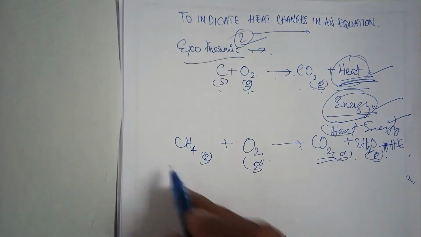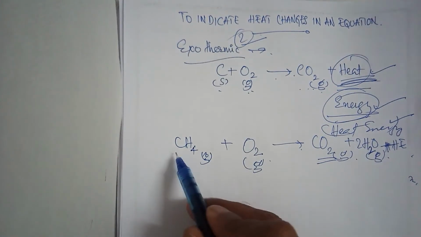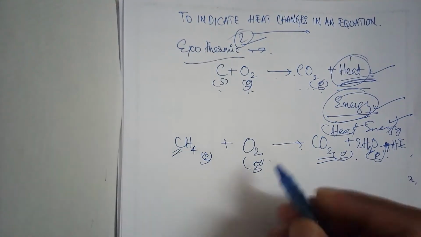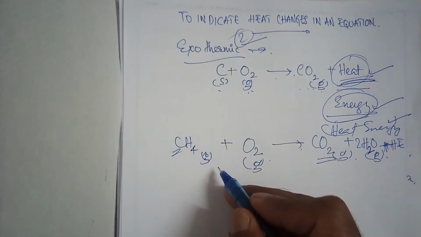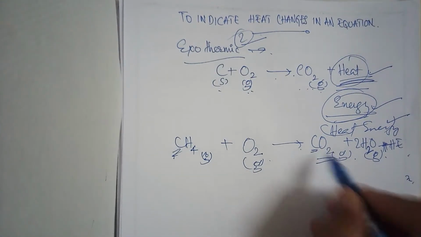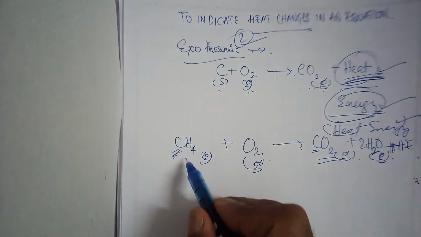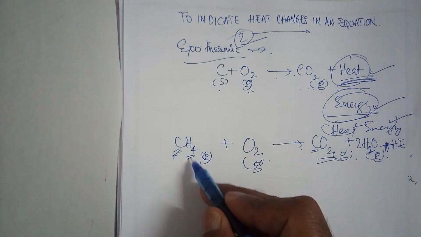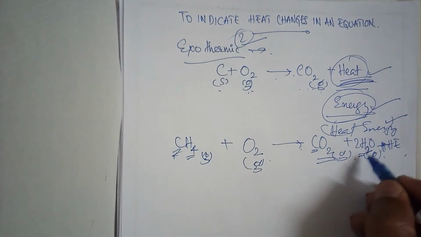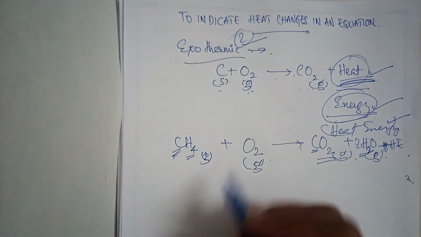We have to check the balancing of this equation. When we consider C in the reactant side, one C is here and one C is here, so it is okay. Four hydrogen are present there, and 4 hydrogen is also here, 2 into 2 is 4.